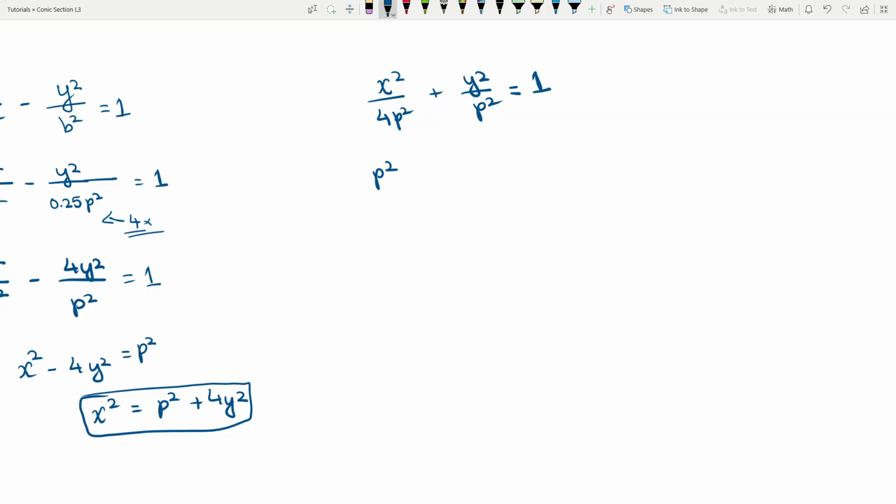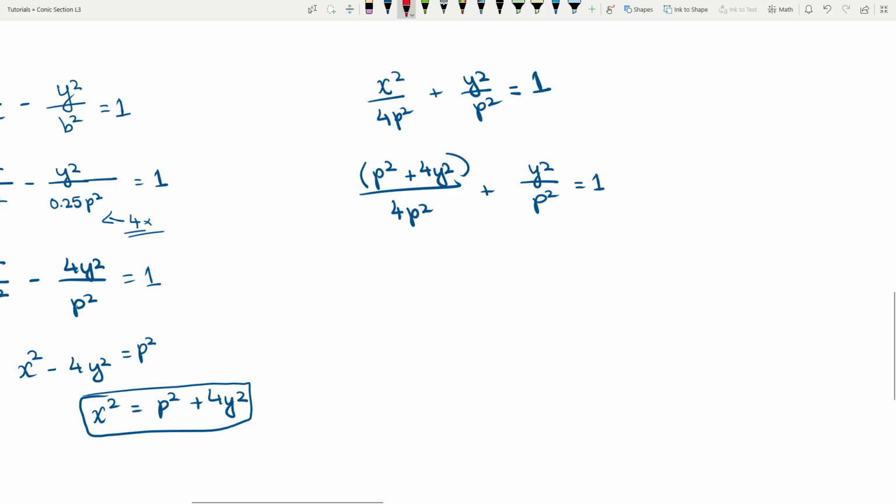So p squared plus 4y squared. Remember, we're just substituting p squared plus 4y squared in x squared, okay? Over 4p squared plus y squared over p squared equals to 1. Okay, now we have to remove the fraction.